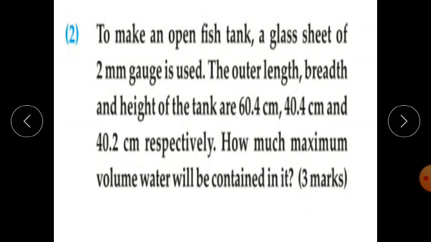The outer length, breadth and height of the tank are 60.4 cm, 40.4 cm and 40.2 cm respectively. How much maximum volume of water will be contained in it? Listen to the question carefully.